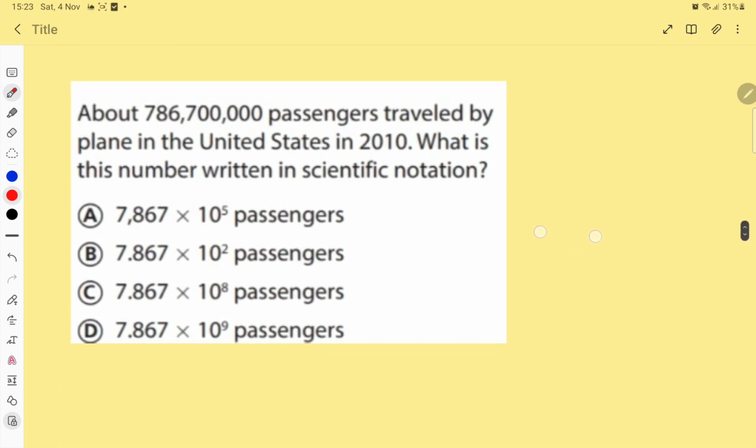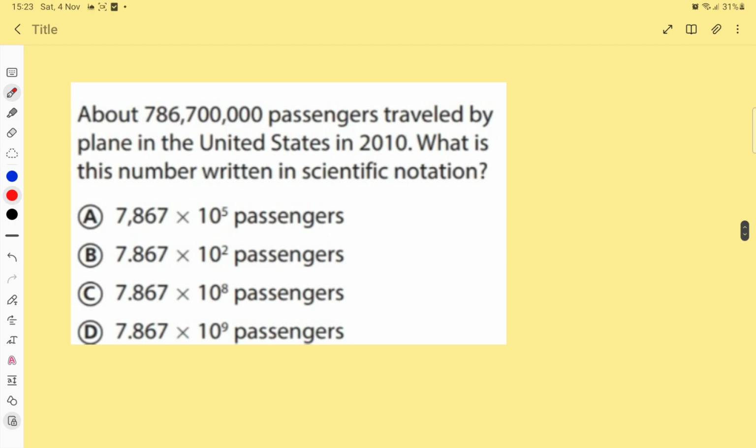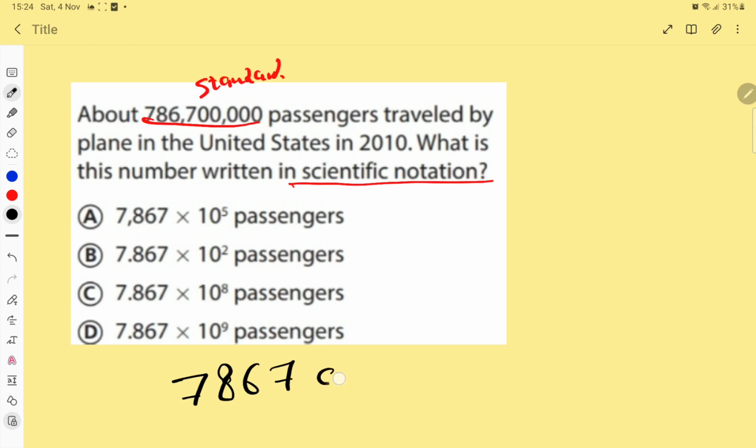Now let's think of this word problem. 786,700,000 passengers traveled by plane in the United States in 2010. What is this number written in scientific notation? All of these are scientific and this is called standard. Very good. Let's see: 7, 8, 6, 7, and I still have 5 zeros.